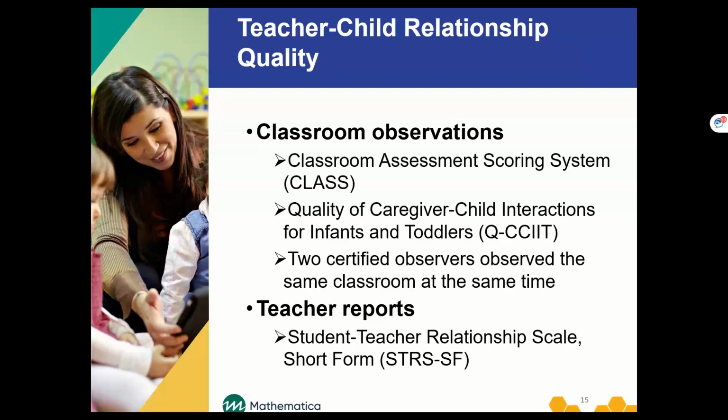So the CLASS Infant, if the majority of the children were ages 0 to 15 months, and the CLASS Toddler, if a majority were ages 16 to 36 months. A second observer conducted an observation of the sampled classroom in the same time period using the QSET. And we use the STRS short form for teacher-reported teacher-child relationships.